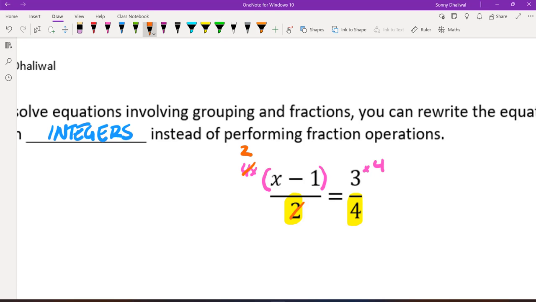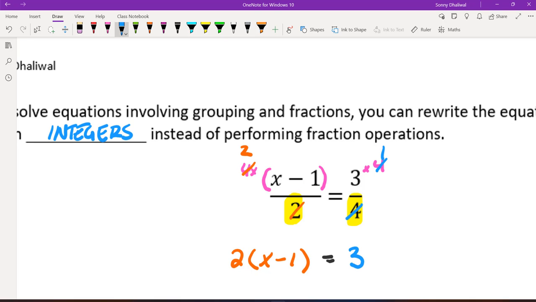So now what we have left behind is 2 times the top here. So we're going to write that down. 2 times the top in brackets. Right? Because the 2 multiplies everything on the top. Right? And over here, how many times does 4 fit into 4? Once. Right? So we cross out the 4, cross out the 4, and we were left with a 3 times a 1, which is just a 3.